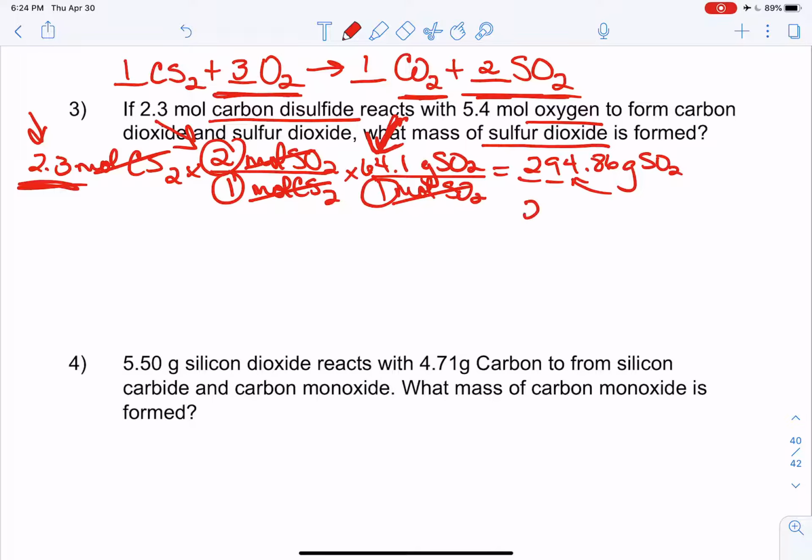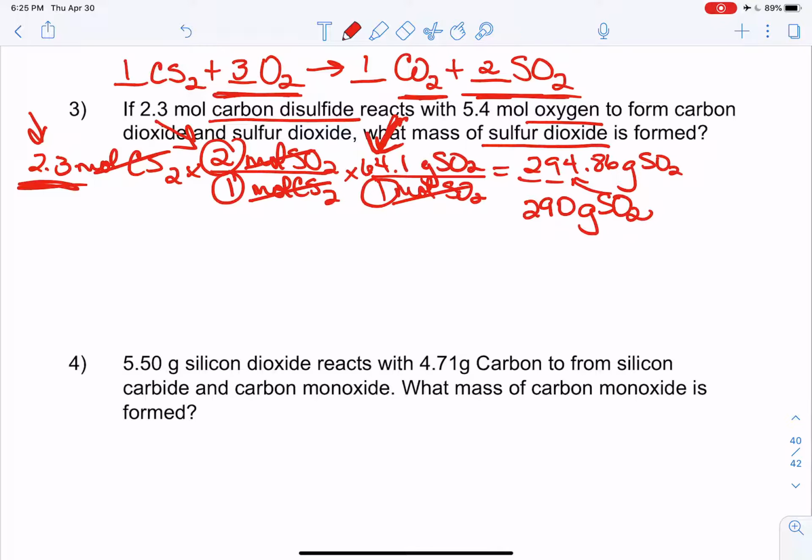So we have 2, 9, and then we need to put that 0 in there as a placeholder because 29 is completely different from 290. So we're going to put 290 grams of SO2 there.